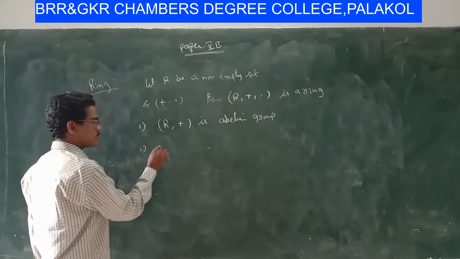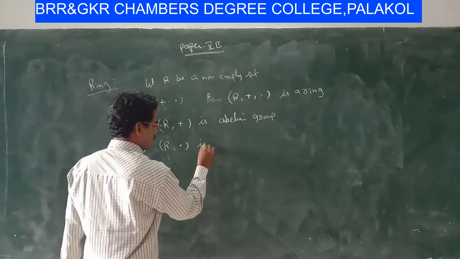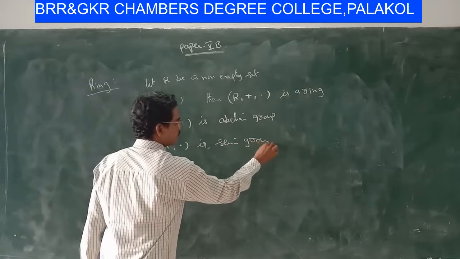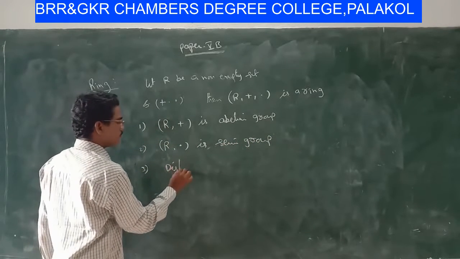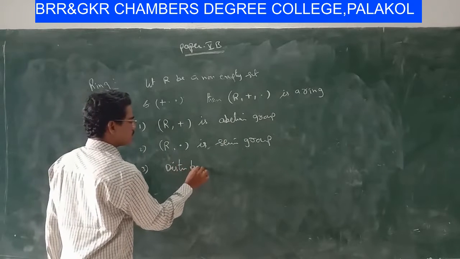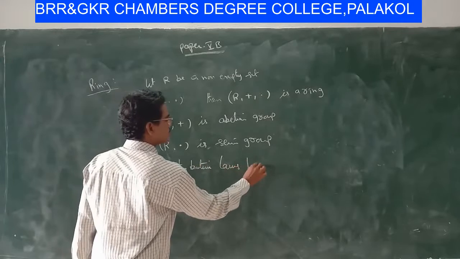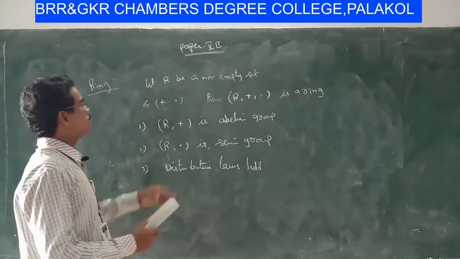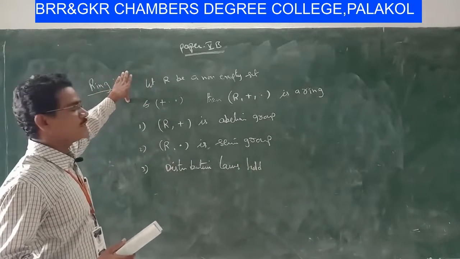Second one is R comma dot is semi group. And third one, distributive laws hold. Once again, definition of the ring.